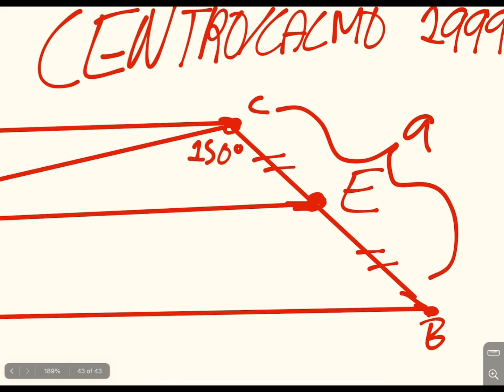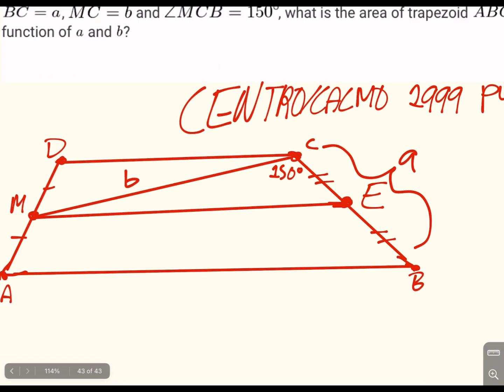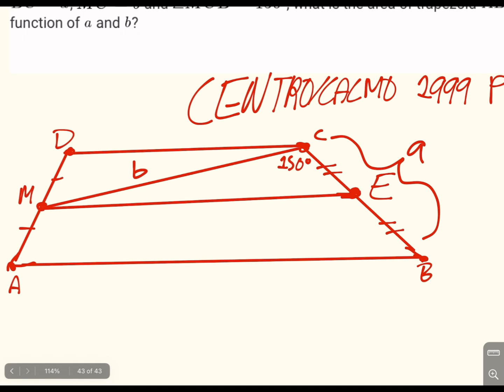Now, what we're going to want to do, actually, I'm going to change to a blue marker to write down our notes while keeping the graph clean. What we're going to do is define what the area of the trapezoid ABCD is in general.